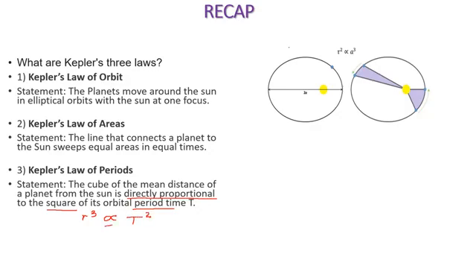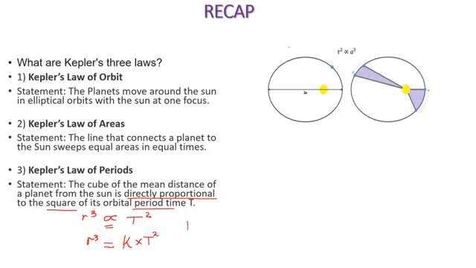Because there is a proportional sign here, we need to remove it for mathematical calculation. So r cube is equal to, because we are replacing the proportional sign with an equals sign, we need to introduce one constant here. The constant is k, which is Kepler's constant. So r cube equals k into T square.